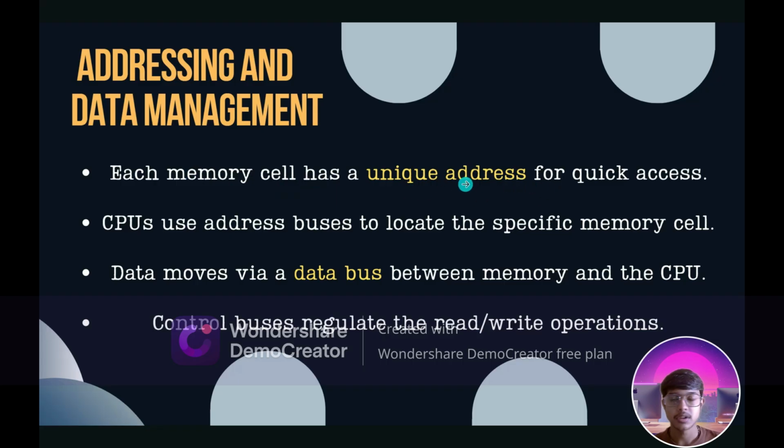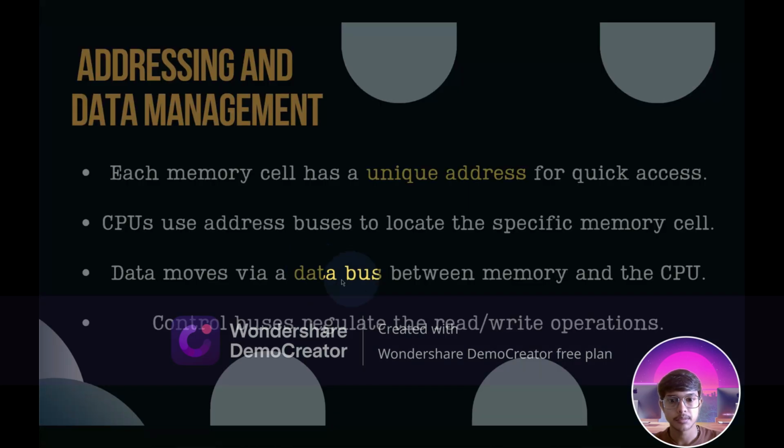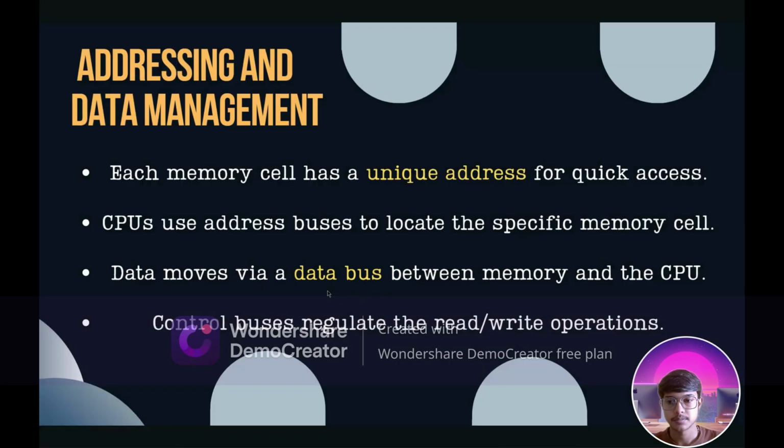If we want any particular file to be displayed on our display, the microprocessor sends a particular address to our chip, which takes the chip to this address, grabs all the data from that address and displays it on our computer. The CPU uses address buses to locate the specific memory. Control buses regulate the read and write operations.